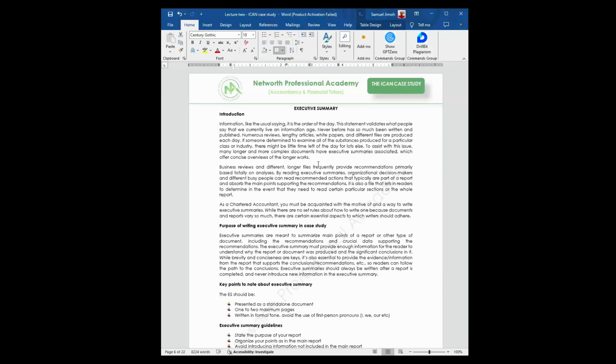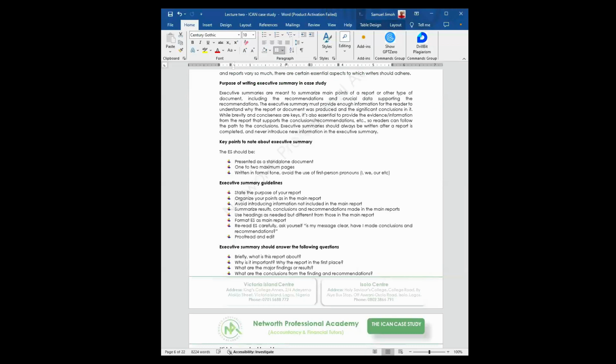The major purpose of the executive summary, just like the name implies, is for the executives, who are majorly busy, so it is short, precise and concise for them to read. If they read it and find your work interesting, or see that there are certain areas they need to know more about in your work, then they will go and look at it.